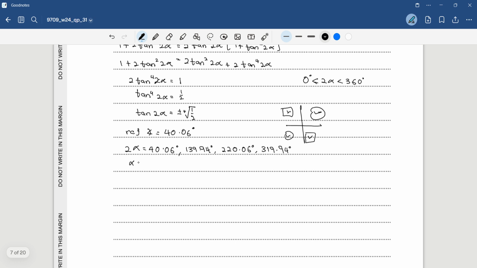So my alpha, dividing everything by 2, will be 20.0 degrees. I make it to one decimal place. This one divided by 2 will be 70.0 degrees, and divided by 2 will be 110.0 degrees, and divided by 2 will be 160.0 degrees. I make it into one decimal place.